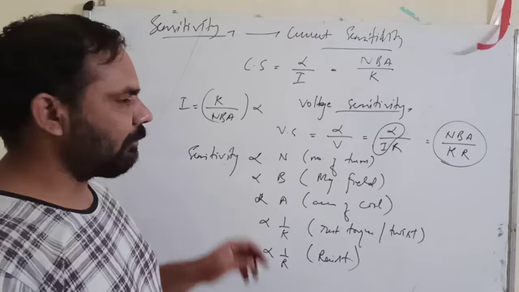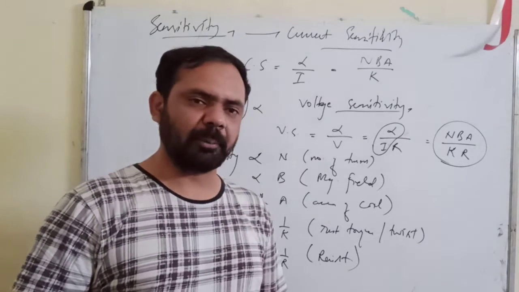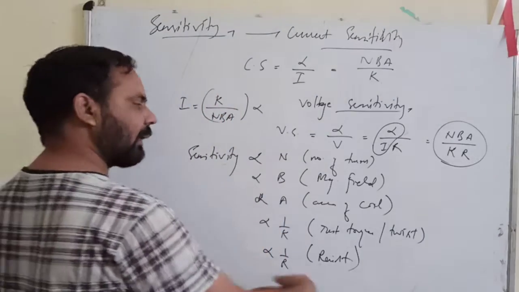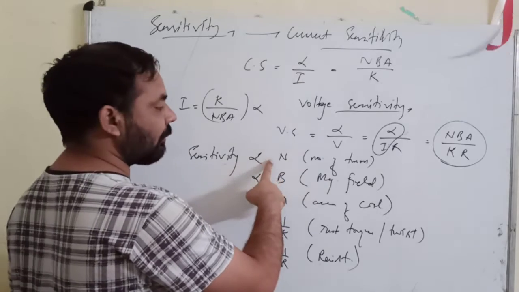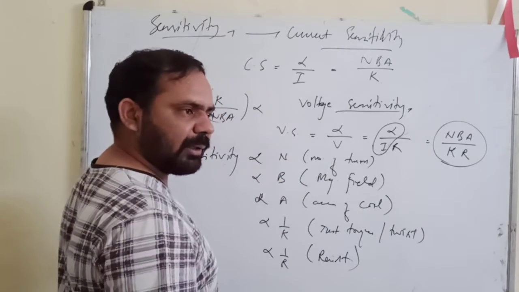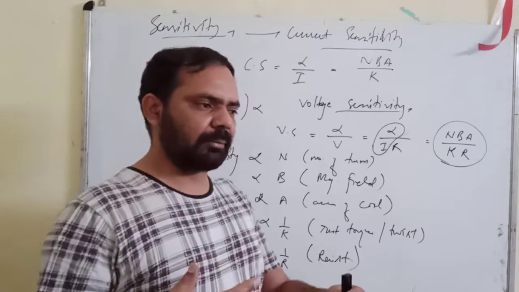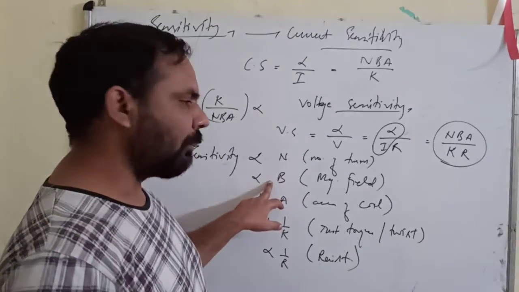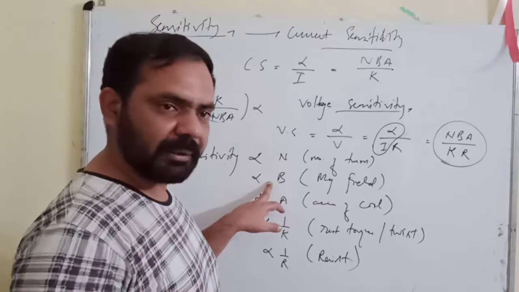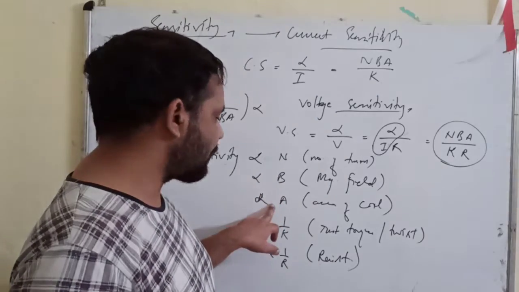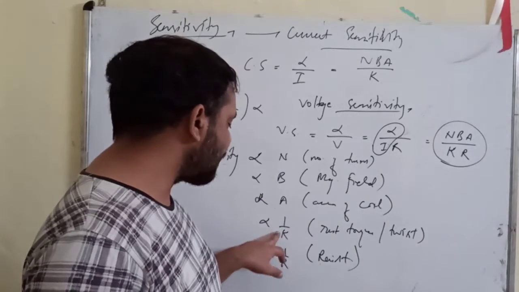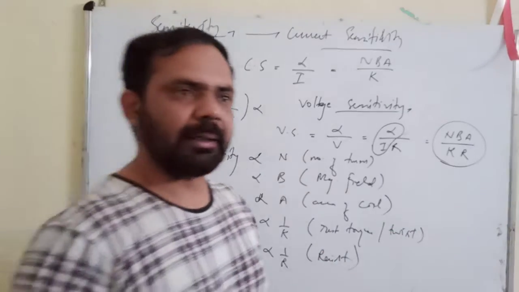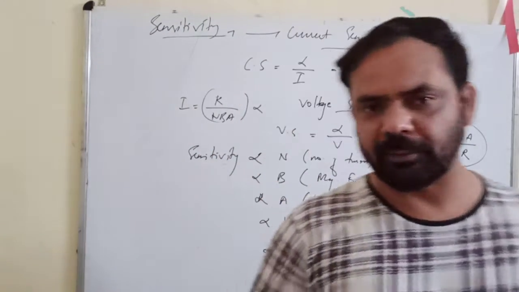Now it means that we can make a more sensitive galvanometer if we change these quantities accordingly. The more the number of turns, the more the sensitivity. The stronger the magnetic field, the more the sensitivity. By increasing these three terms and decreasing these two terms, you can increase the sensitivity of the galvanometer.